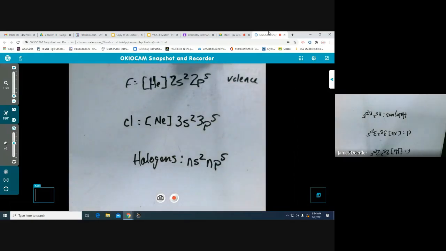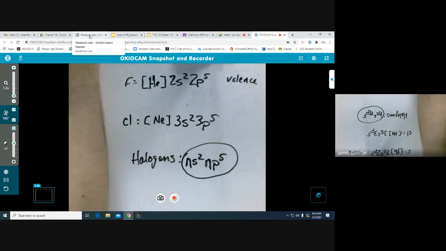Can anybody tell me what the n's stand in for? Just stands in for energy level. The halogens will all have the same valence electron configuration, s2, p5. And so we put the n's in here just to represent any energy level that we might need, okay? So that is your answer for that sample exercise, ns2, np5.